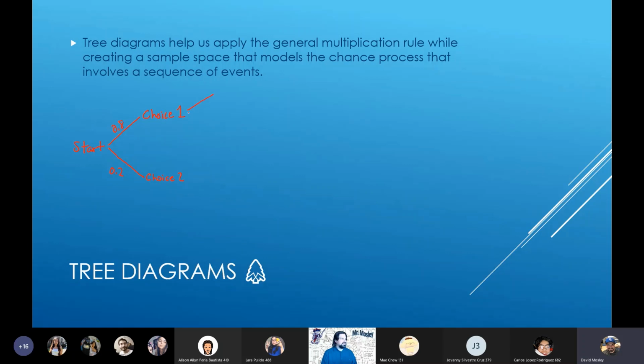And let's say that of these, there's two more options, maybe a yes or no. And this has maybe a 0.6 and a 0.4, 0.3, 0.7. So this is essentially what a tree diagram looks like.